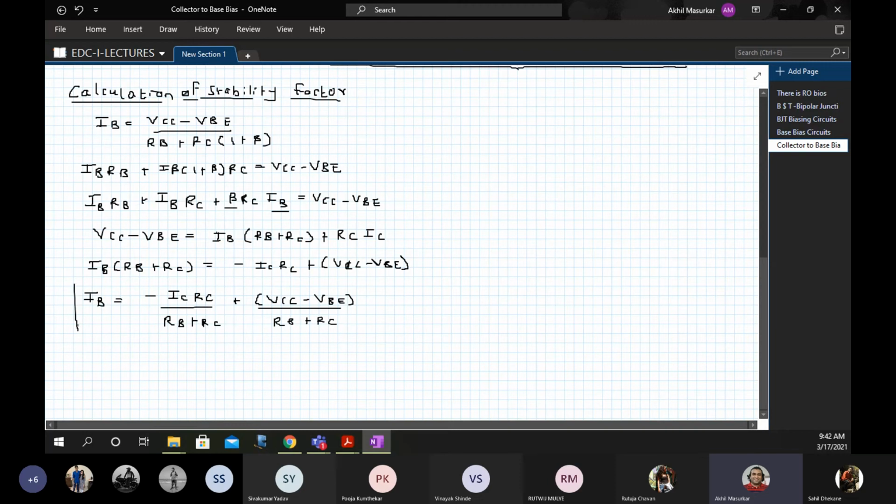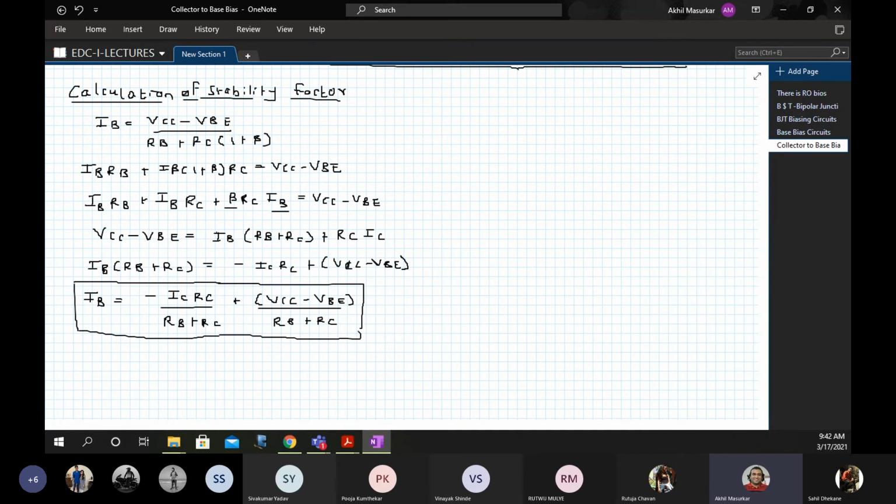Now this is the equation which I will differentiate with respect to IC.